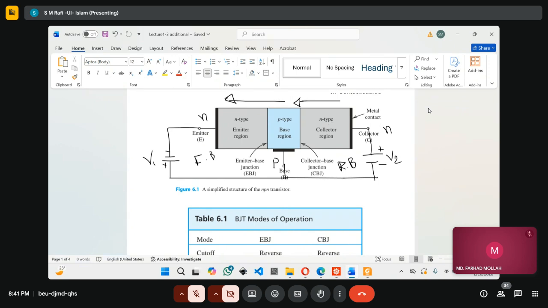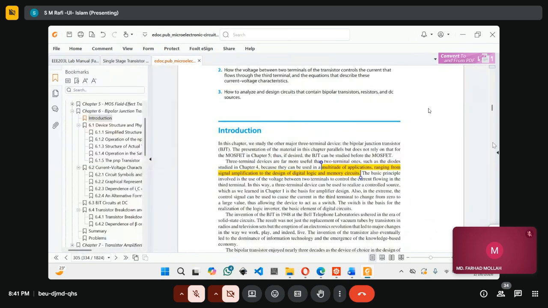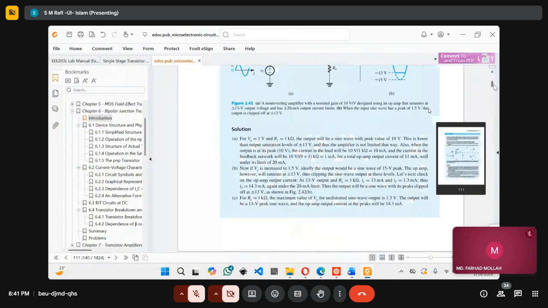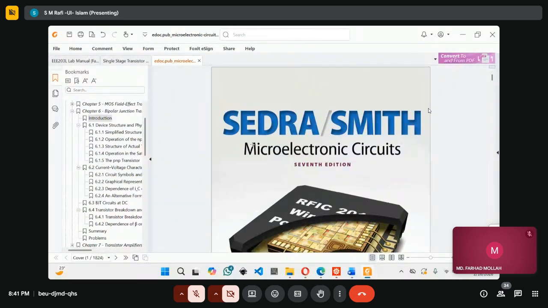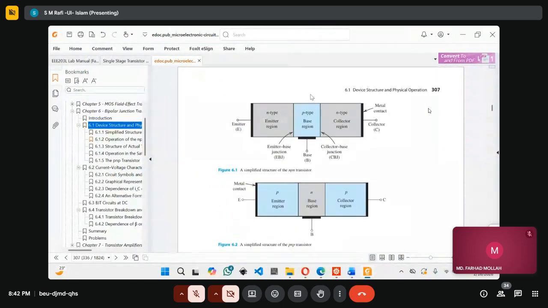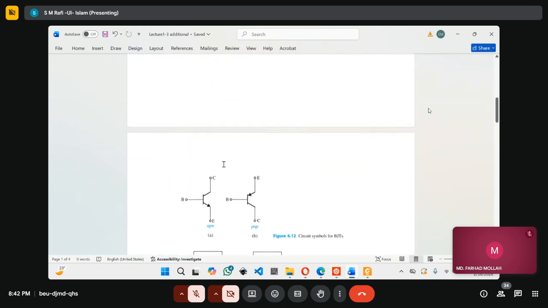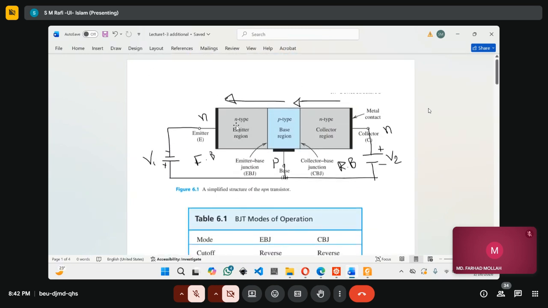For details, you can check this book, Microelectronic Circuits by Sedra and Smith. I will later share both the slides as well as the book in Google Classroom for your reference. This is the structure of an NPN transistor.